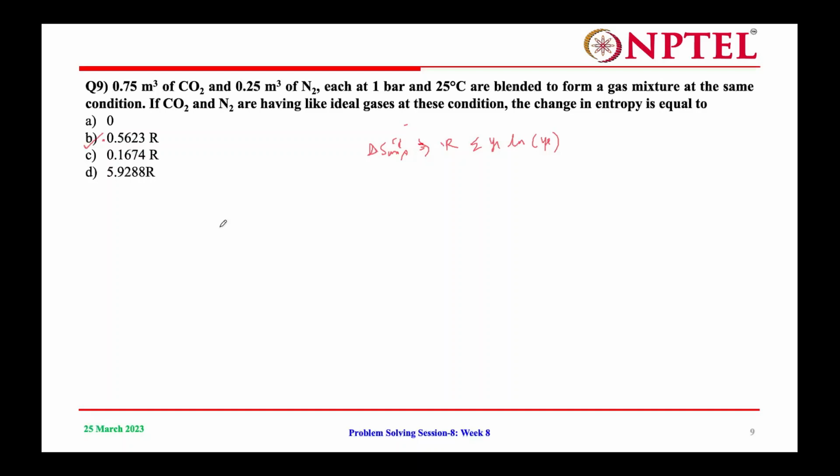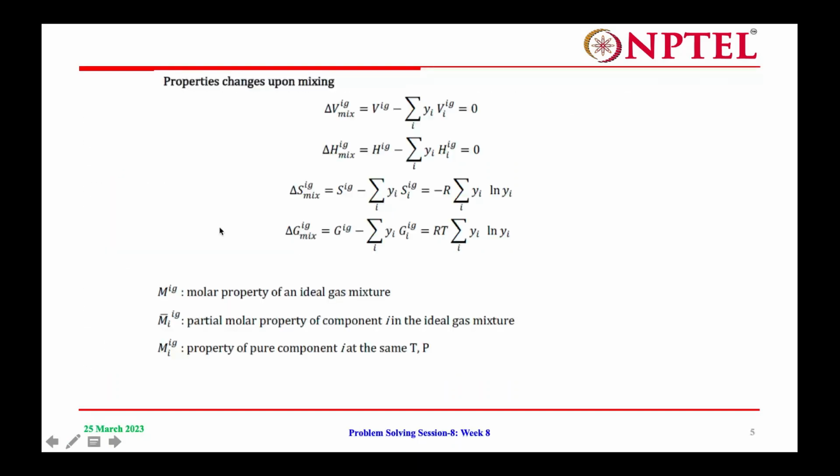Delta is okay. One by y one. Okay, right. It is delta mix equal to minus R summation yi ln yi. So we can write down here summation yi, right?